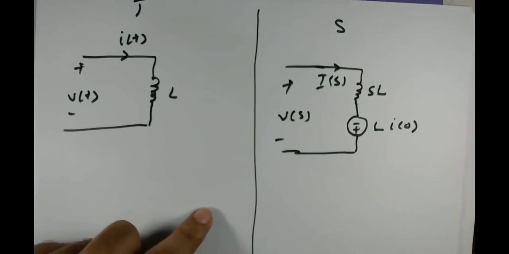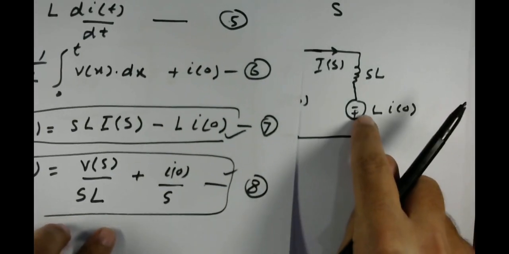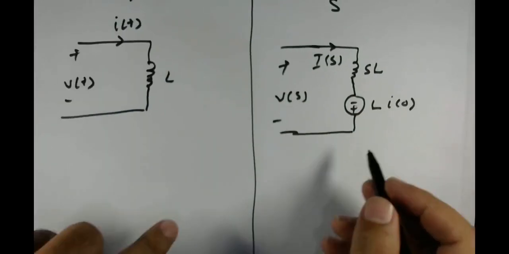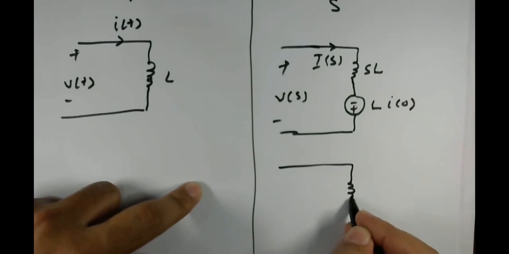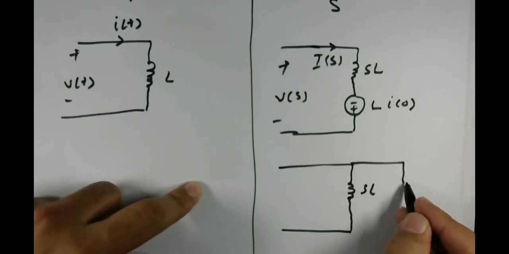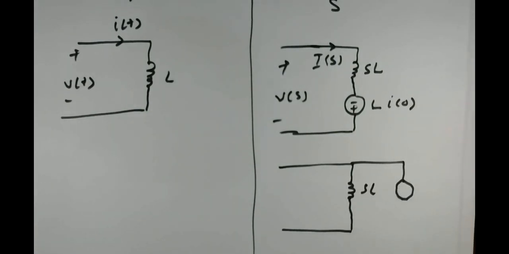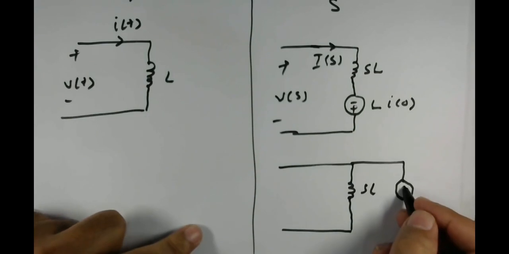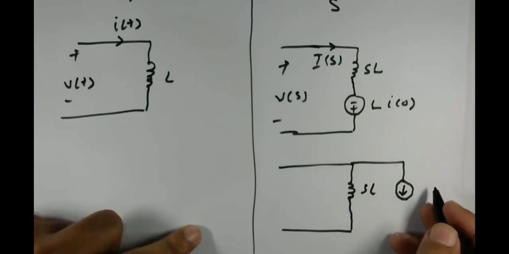The same way, for equation number 8 we are transforming this voltage source into a current source. Nothing else is going to change, so we put a current source in parallel. This is your inductor SL, and here we put a current source whose direction will be opposite to the capacitor case.